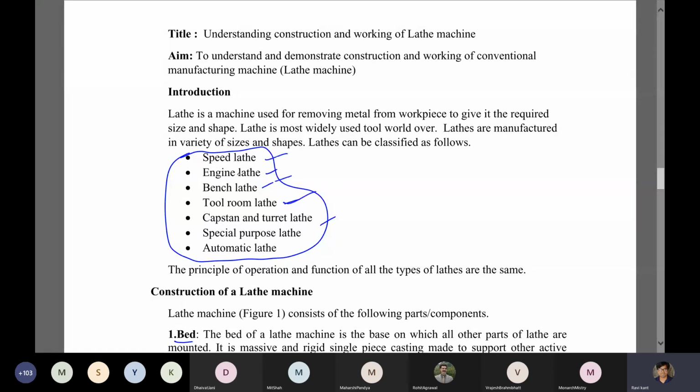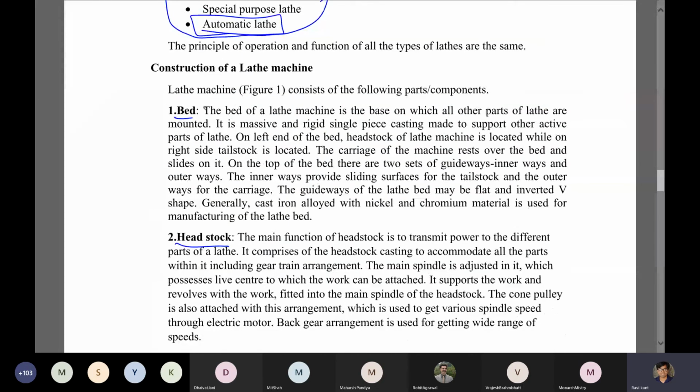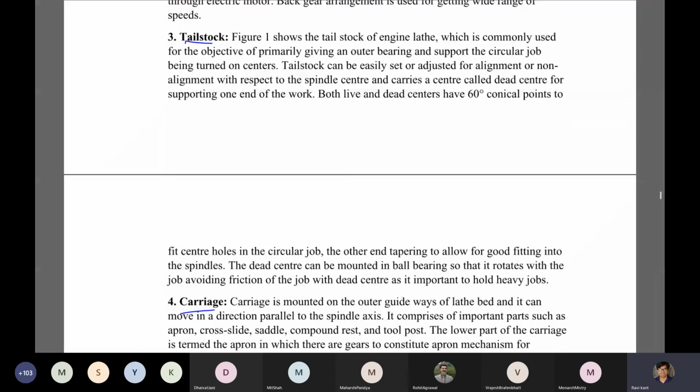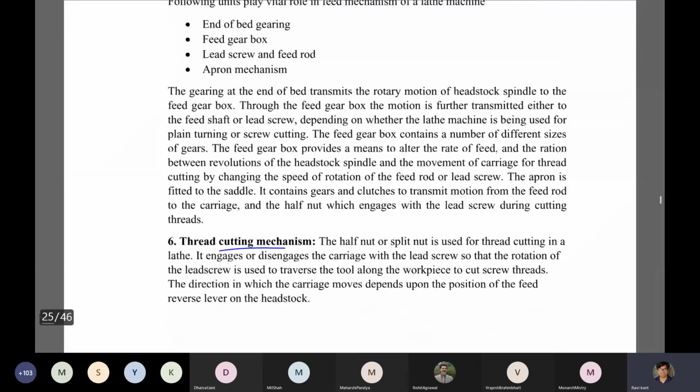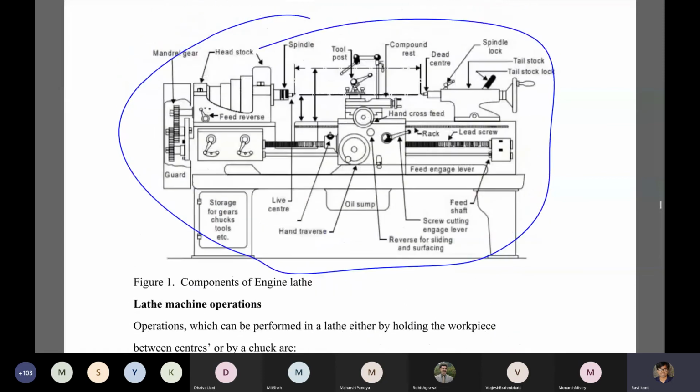I didn't talk about the several other types of lathes. Usually in labs we have bench lathe or engine lathe, or sometimes automatic lathes are also available. I talked about constructional details such as bed, headstock, tailstock, carriage, feed mechanism, threading cut mechanism.